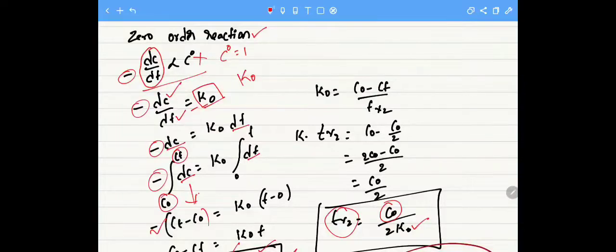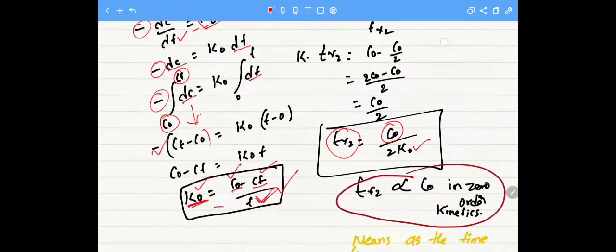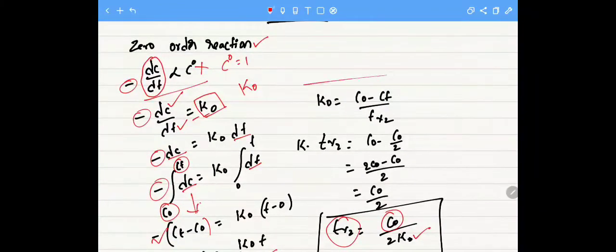So start with our equation. See here, this is the equation. In the above equation, T is considered as half-life. Now if you put T half here, it will be K naught into T half.